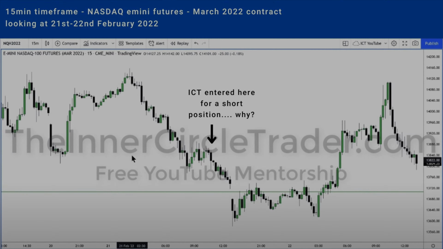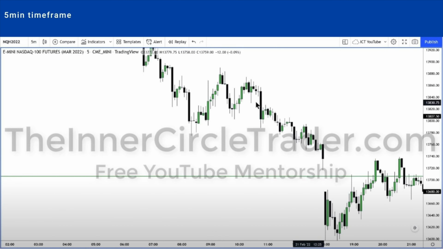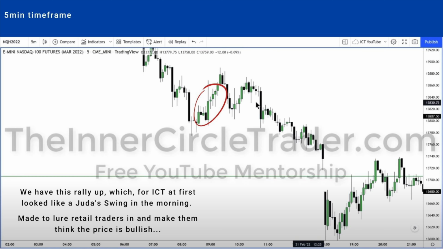So from the 15 minutes time frame, ICT switches to the 5 minutes time frame to explain to us better why he entered there. On the 5 minutes time frame, we see here that we have this rally up of the price, which for ICT at first sight looked like a Judas swing, because the price is going in the opposite direction of what we are expecting.